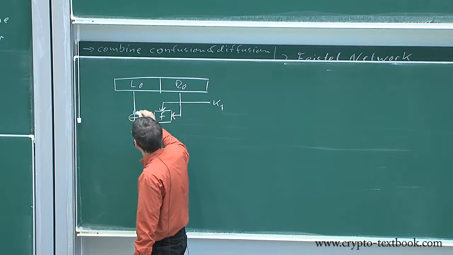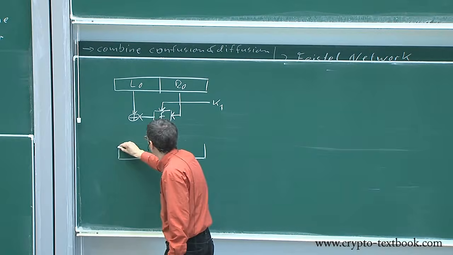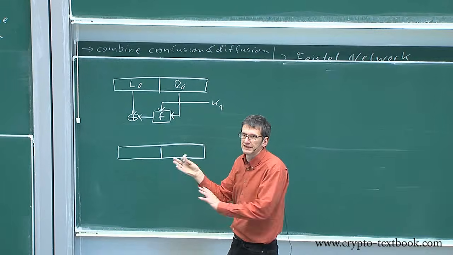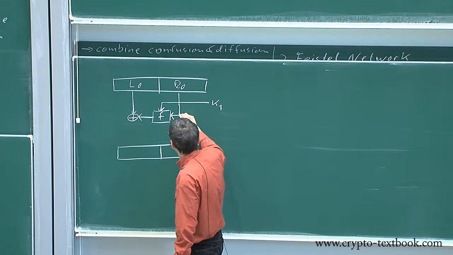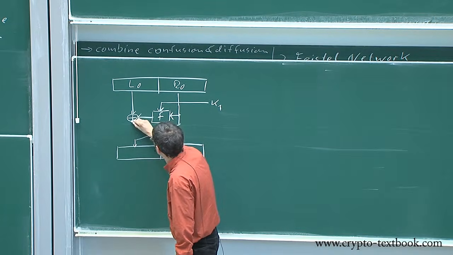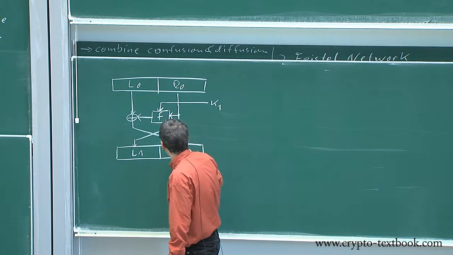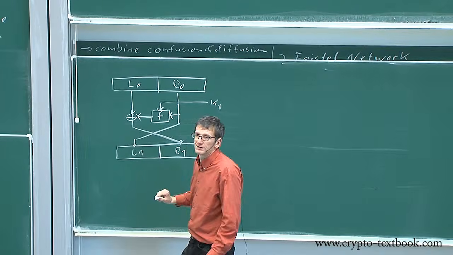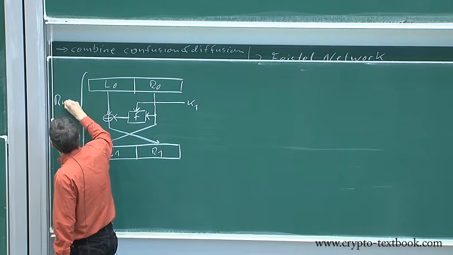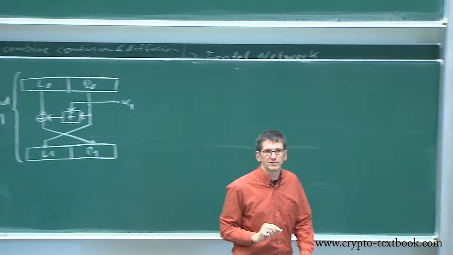The output is XORed with the left-hand side, and then you're almost done. The only thing that you do now, you swap the two sides, vertauschen. That means the right-hand side becomes the left-hand side, and vice versa, okay? So this becomes L1, R1, okay? So this is round 1 of DES, okay? Everybody with me?